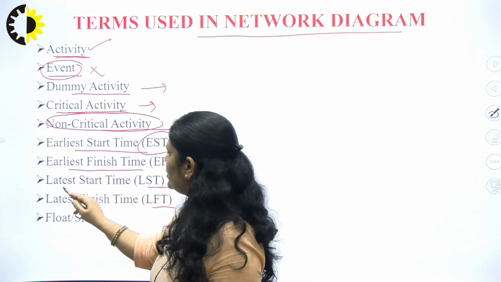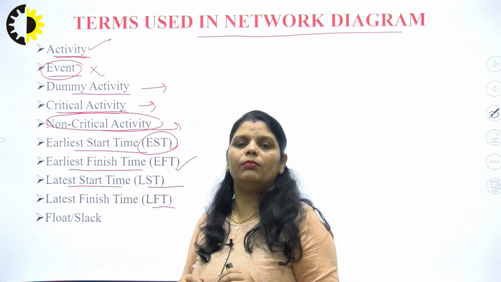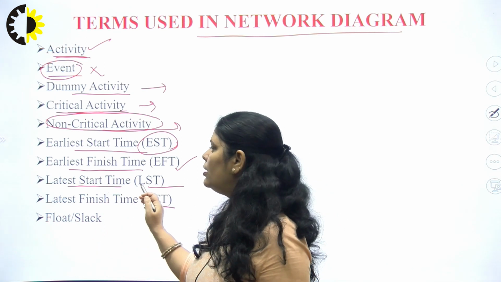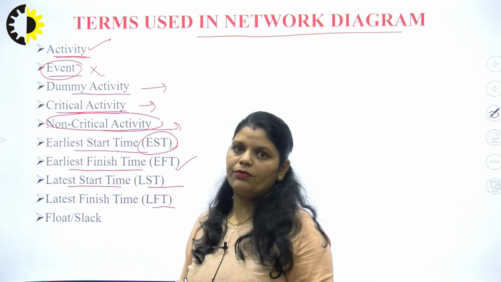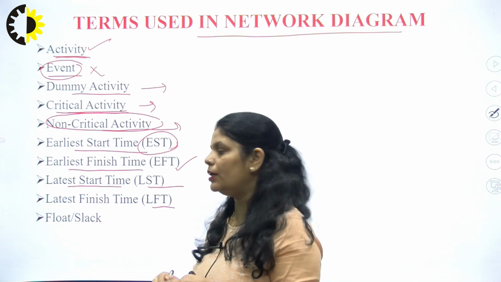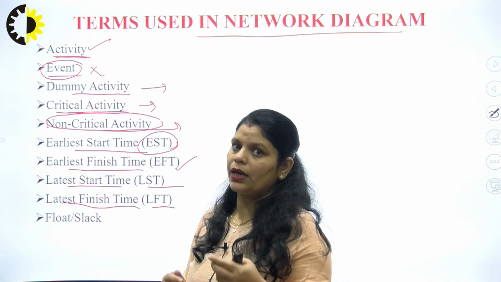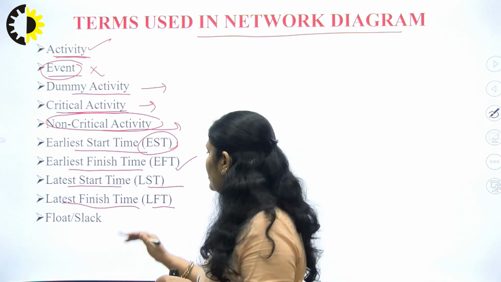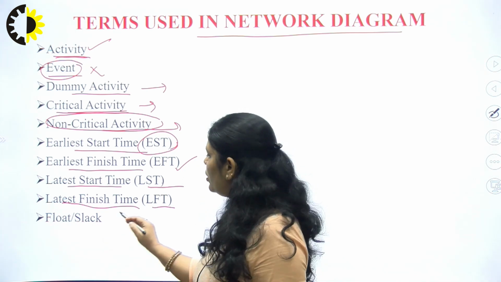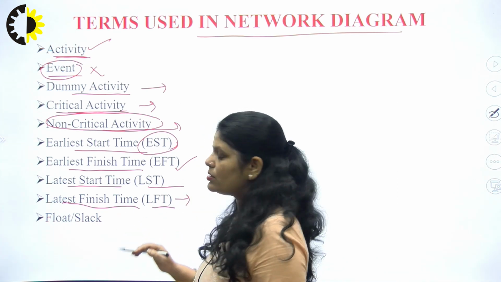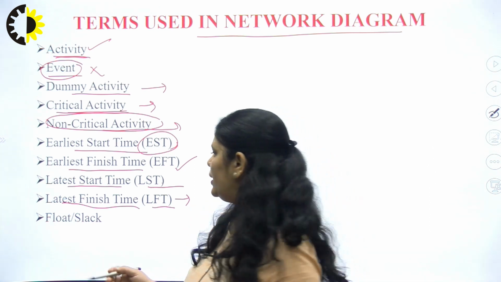LST is basically the latest start time, meaning the latest time at which we can start the activity. After that, if we start our activity, then the project will be delayed. LFT is the latest finish time, meaning the maximum time which is permissible for an activity to be completed. So, if we take more than this time, then our activity or our project will get delayed.